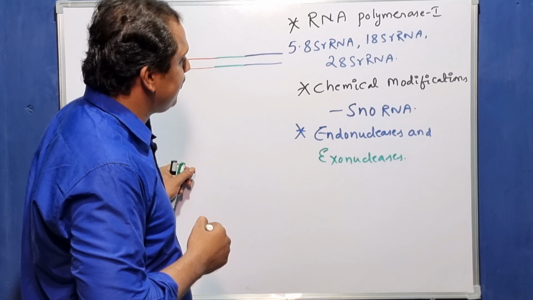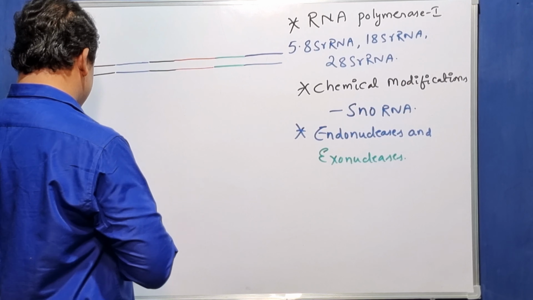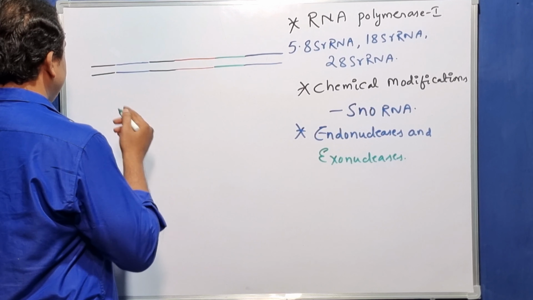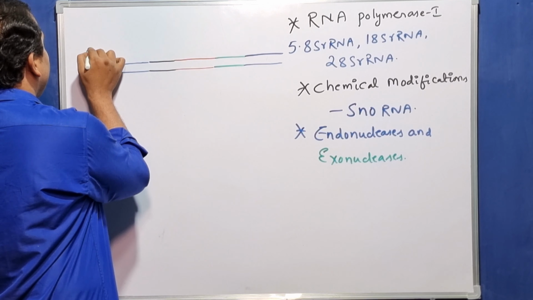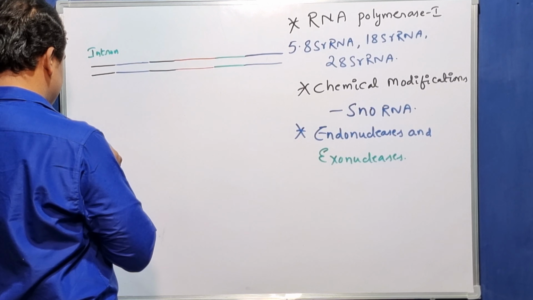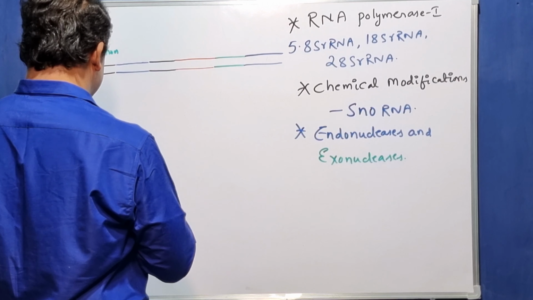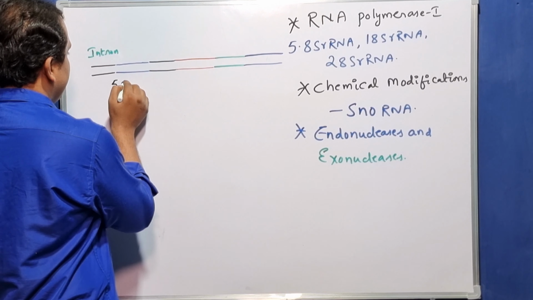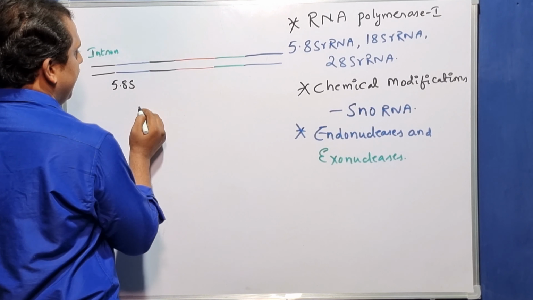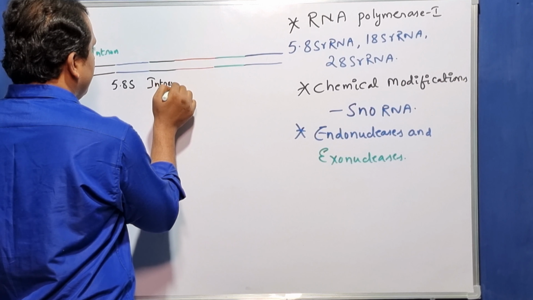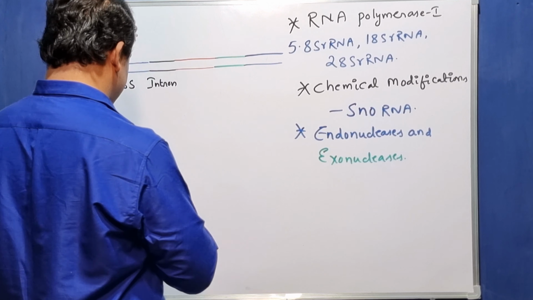Is it clear? So let me label it. Here it is the intron, and again the 5.8S rRNA gene. And here again it is an intron.